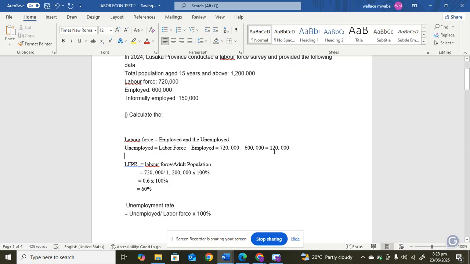So for these 120,000, we want to find out what percentage it represents out of the labor force. So we're going to say 120,000 divided by 720,000 times 100%. Okay, so 120,000 divided by 720,000, what do we get?